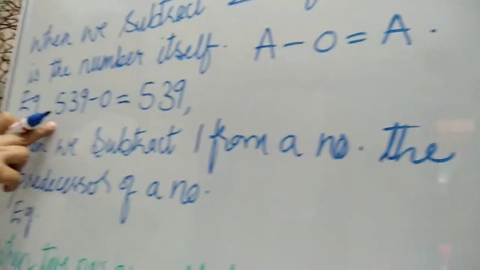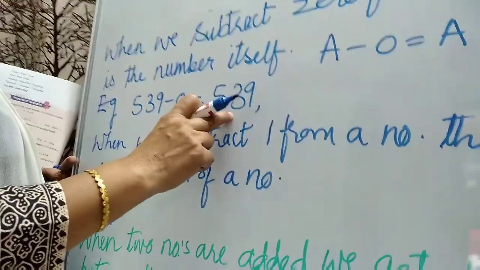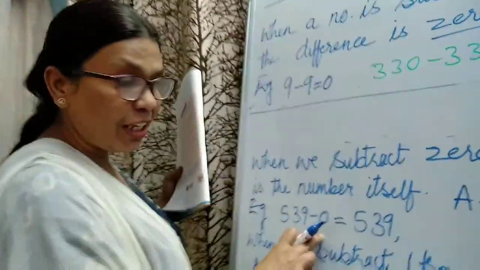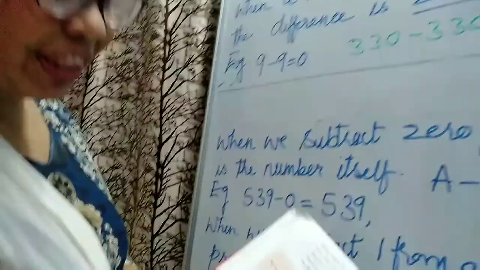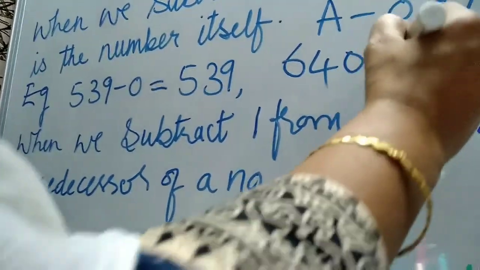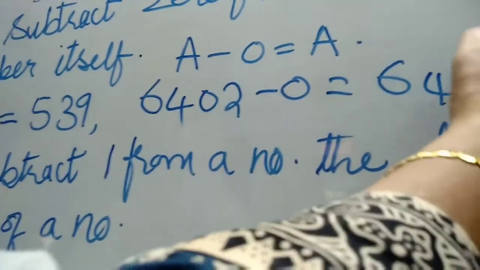Now take the example 539 minus 0. You get 539. One more, they have given three examples. 6,402 minus 0 is equal to the same 6,402.